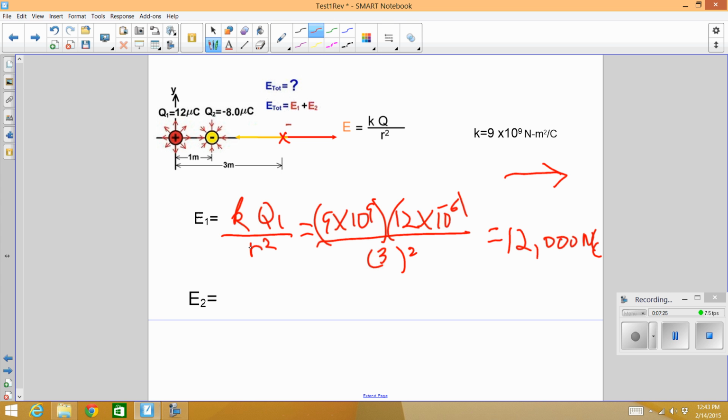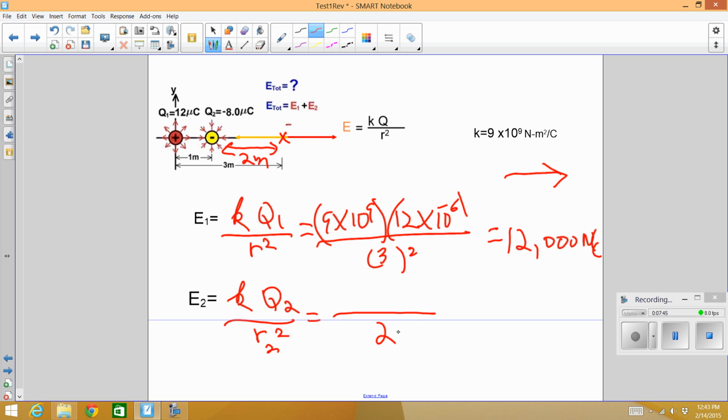Let's calculate the electric field due to the other charge, the negative charge or the yellow charge. The magnitude of it will be kQ2 over R2 squared. Now R2 is different because that distance right here is 2 meters.